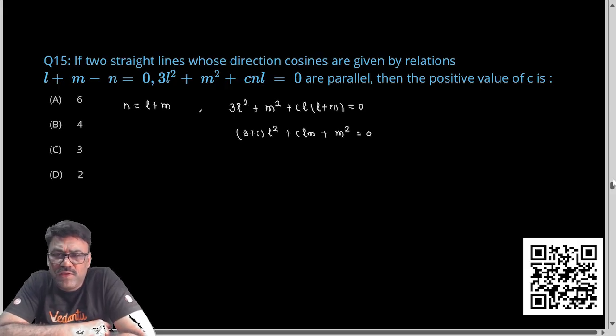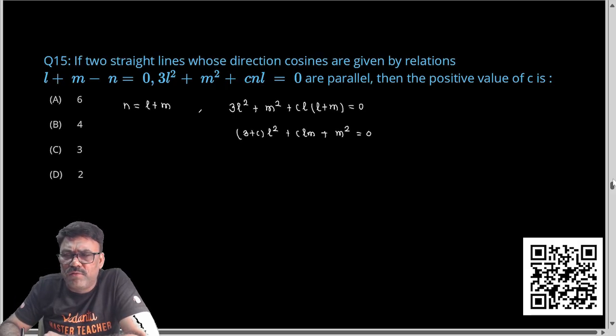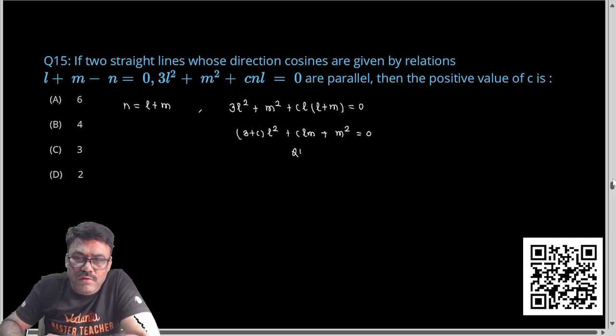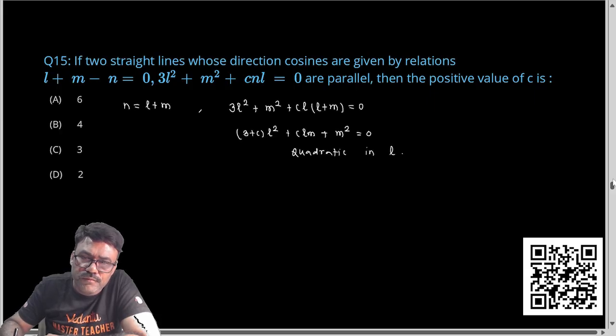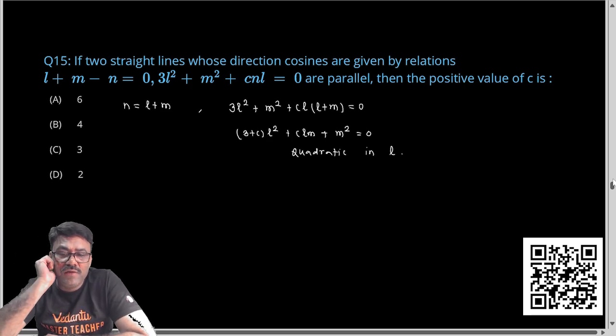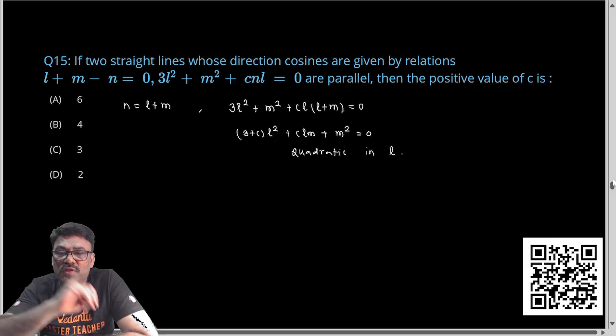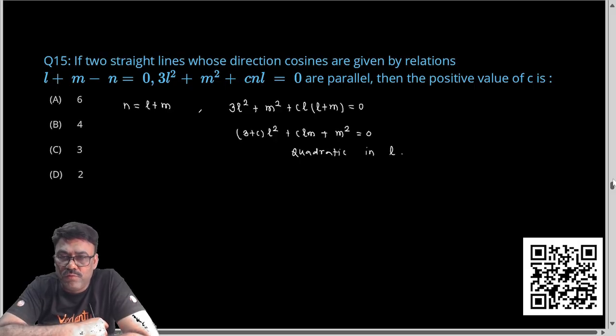You can see that this equation is basically a quadratic in l, or you can write it as a quadratic in m, it's your choice. Since the two lines are parallel, this quadratic must give exactly one root, meaning the two roots of this quadratic must be equal.